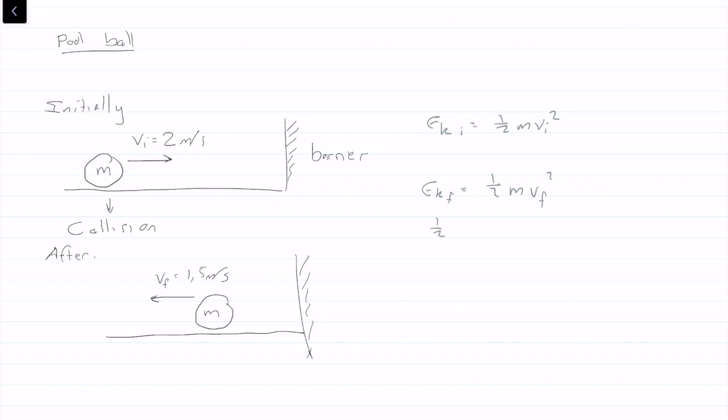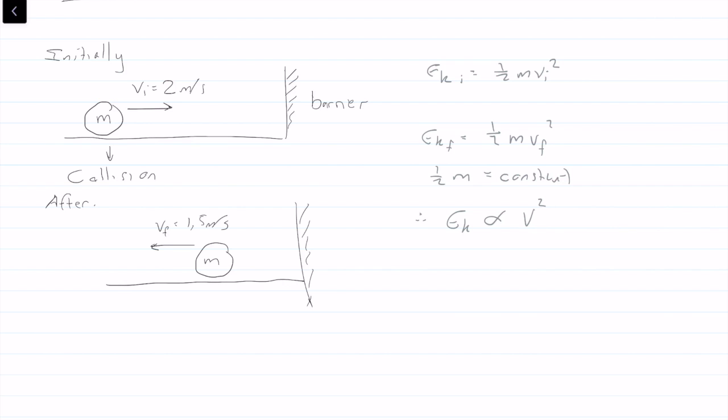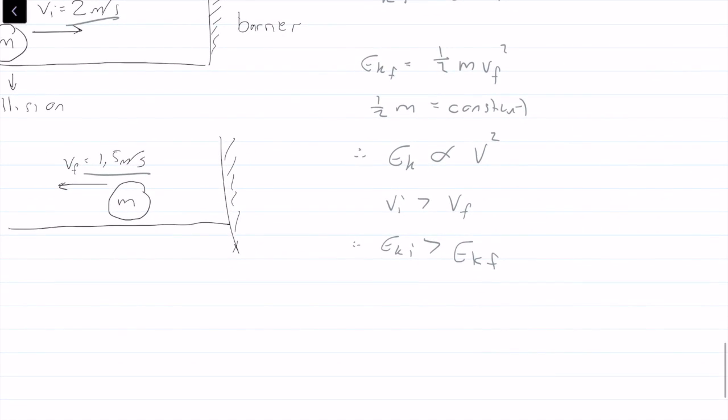Again, a half mass equals a constant, and therefore we can say that Ek is proportional to V squared. And from the values we've been given, velocity initial is greater than velocity final. Therefore, Ek initial is greater than Ek final. And therefore, we can say the collision is inelastic.